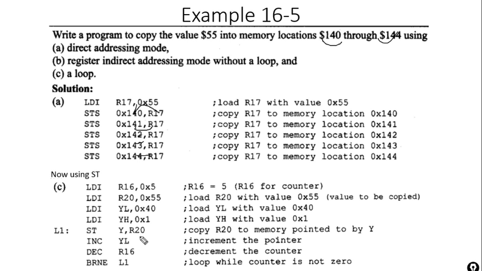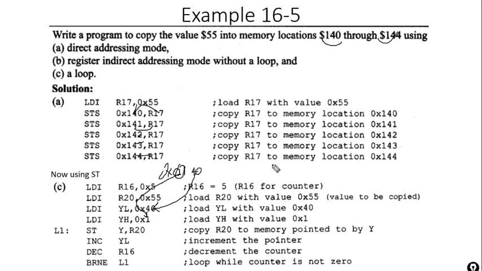By using the indirect addressing mode, we have loaded the address 140. If we write the complete 16-bit address, it is 0140. So the lower byte is loaded into YL and the higher byte is loaded into YH.